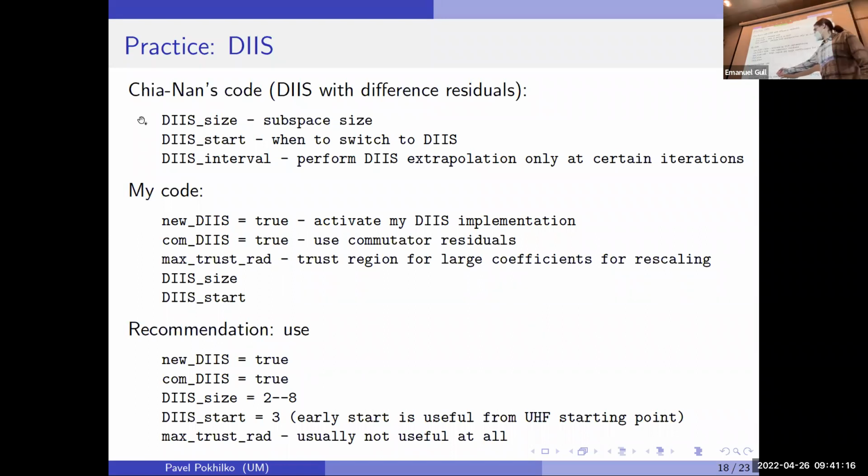And DIIS start is when the iterations should start. In practice, it depends where you start. If you start from a DFT guess and let's say run GW, then the changes are pretty big. So maybe DFT is not a very good starting guess for GW.